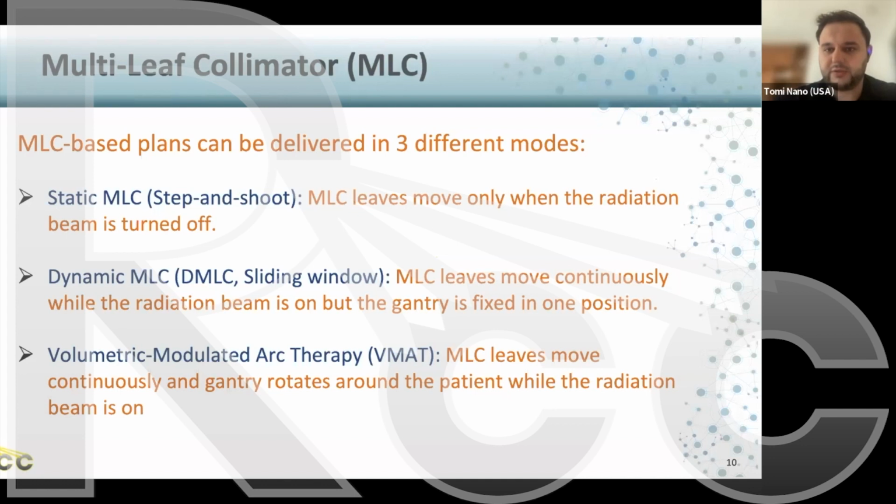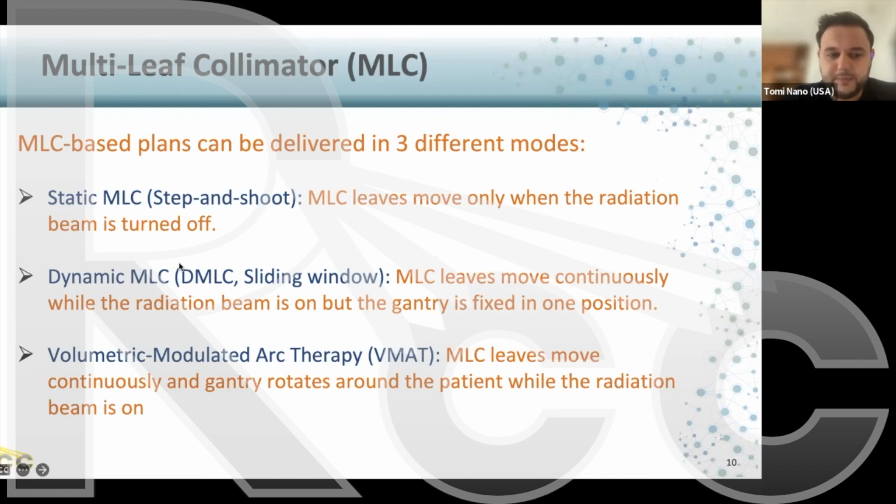But when we are thinking in terms of big picture, in terms of MLCs and IMRT, static MLC, or step and shoot, is a very common term for when the MLCs are moving, but the gantry is not. And these would be static, what we call control points, where each control point is a certain configuration of MLC leaves.